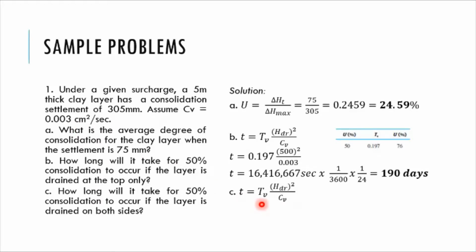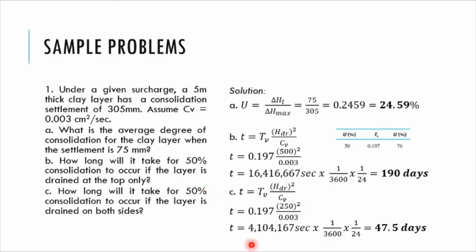So let us substitute 0.197, the half of the thickness of the clay layer, 250 centimeters, squared over 0.003. And this will give us 4,104,167 seconds, converted to days is equal to 47.5 days.